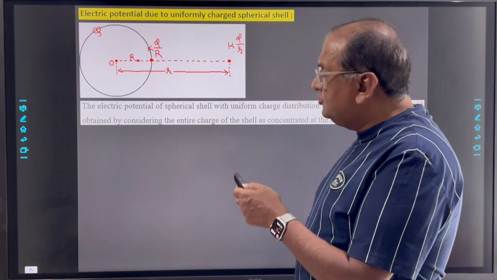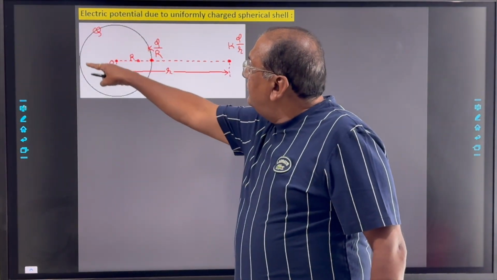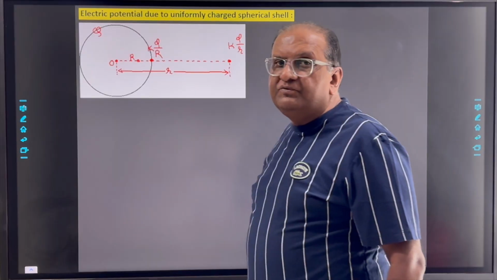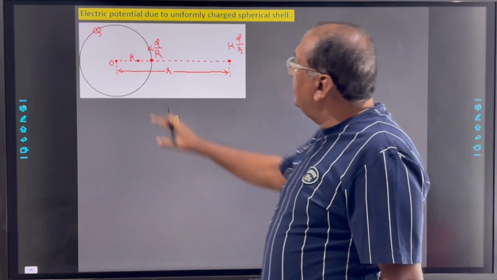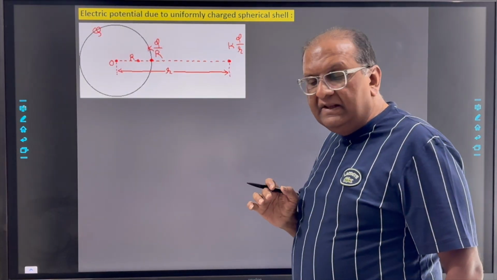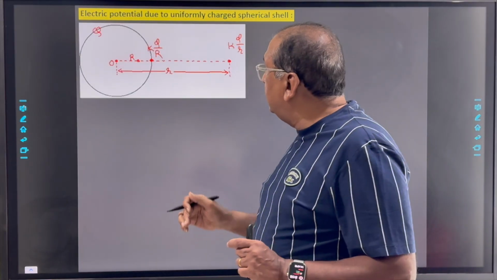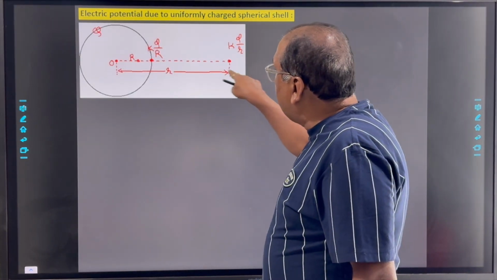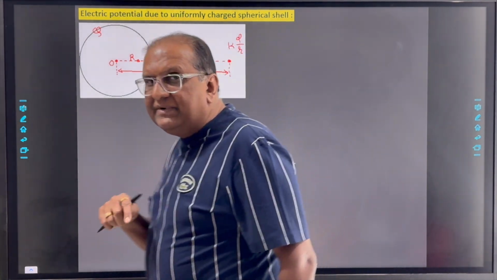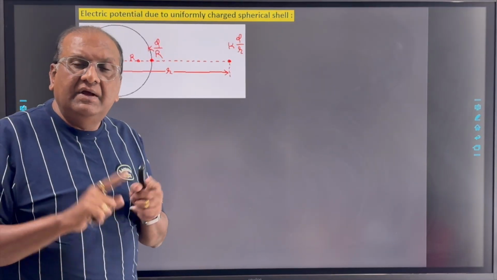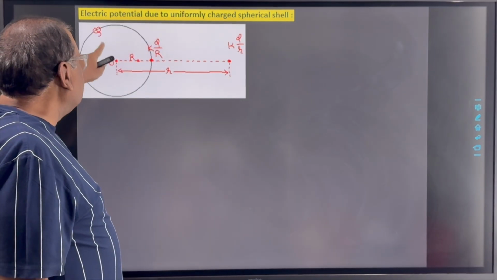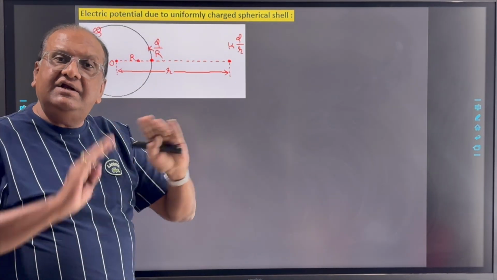Suppose, as shown in the figure, we have a uniformly charged spherical shell. A total amount of charge Q is uniformly distributed on this shell. The radius of the shell is capital R. Now suppose we want the potential at a distance small r from the center of the shell, where small r is greater than capital R. It implies that we want the potential due to this uniformly charged spherical shell at any point outside the shell.